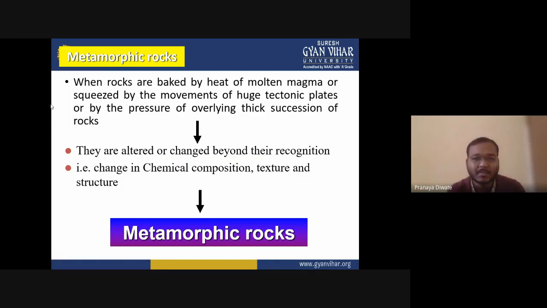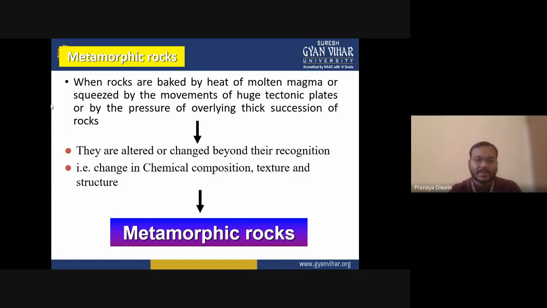So metamorphic is nothing but change in the form. Metamorphic rock is nothing but change in the rock, change in its form. Metamorphic rock is the rock which is formed by changes in its structure only. That is known as metamorphic rock.